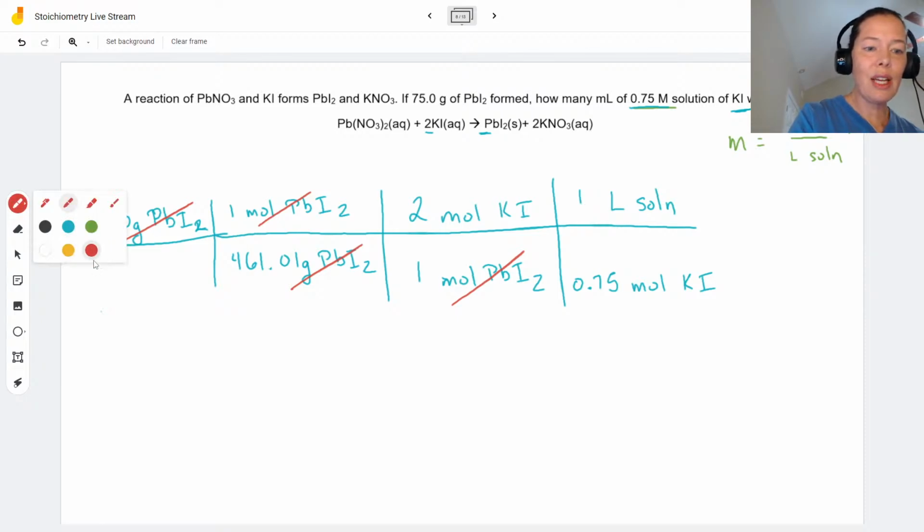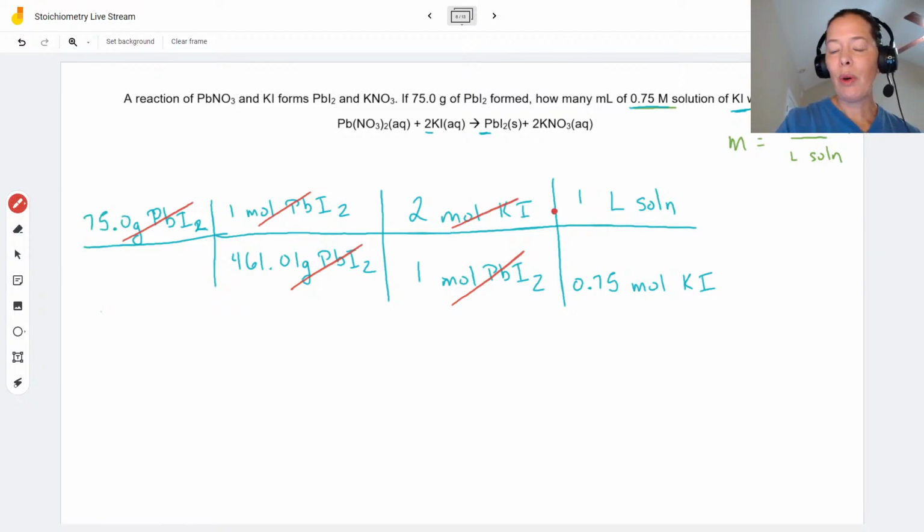So my moles of potassium iodide have canceled, and now I have liters of solution. So now I'm really close to having my answer because I have liters and I'm looking for milliliters here.